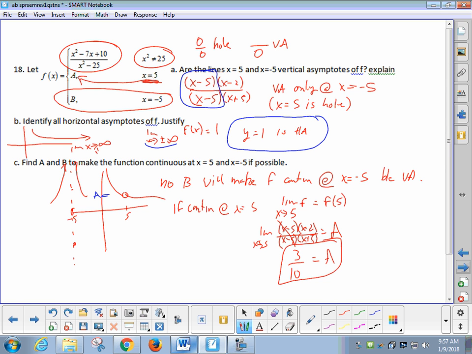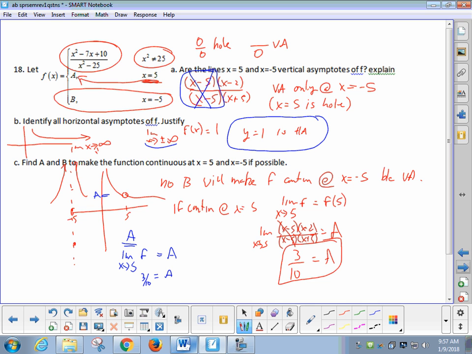In order for it to be continuous at 5, I need to fill the hole. So for A, I need to say the limit as x goes to 5 needs to equal A. Well, the limit as x goes to 5 would be what happens as that hole is removed. And as x goes to 5, the other stuff approaches 3/10. So A must be 3/10 in order to fill the hole.